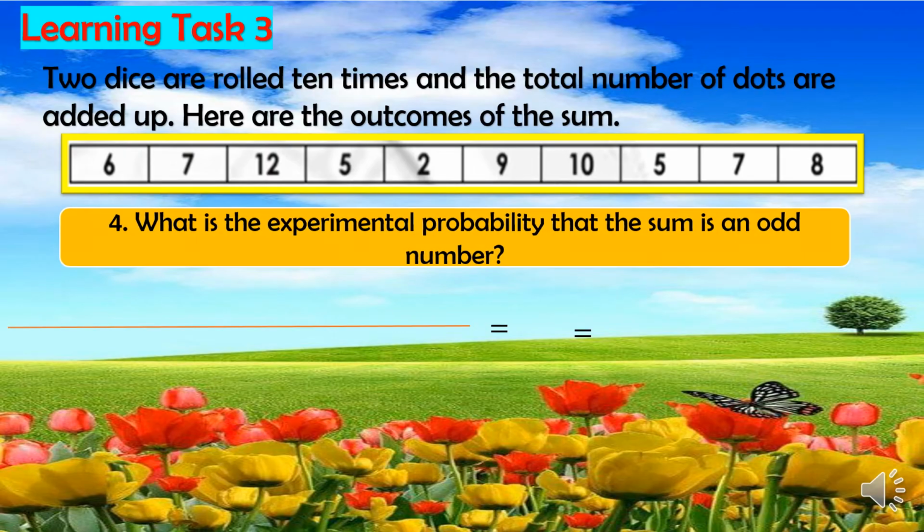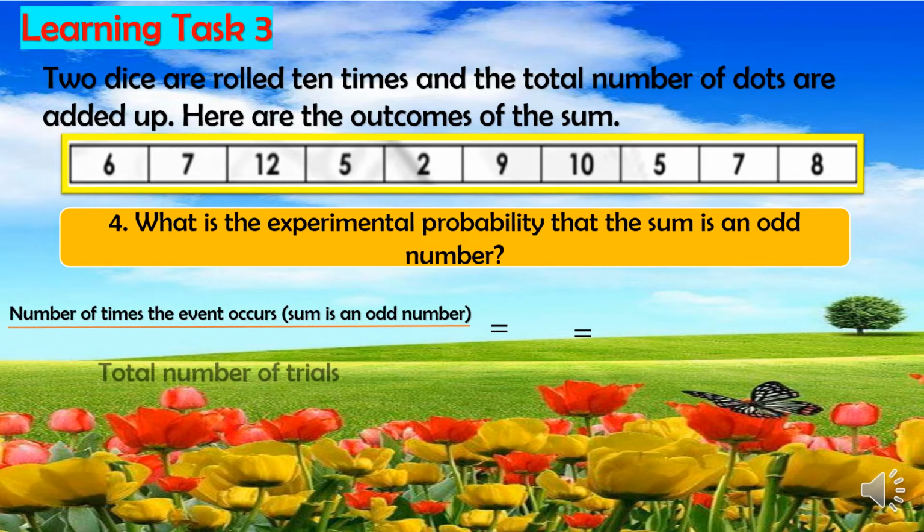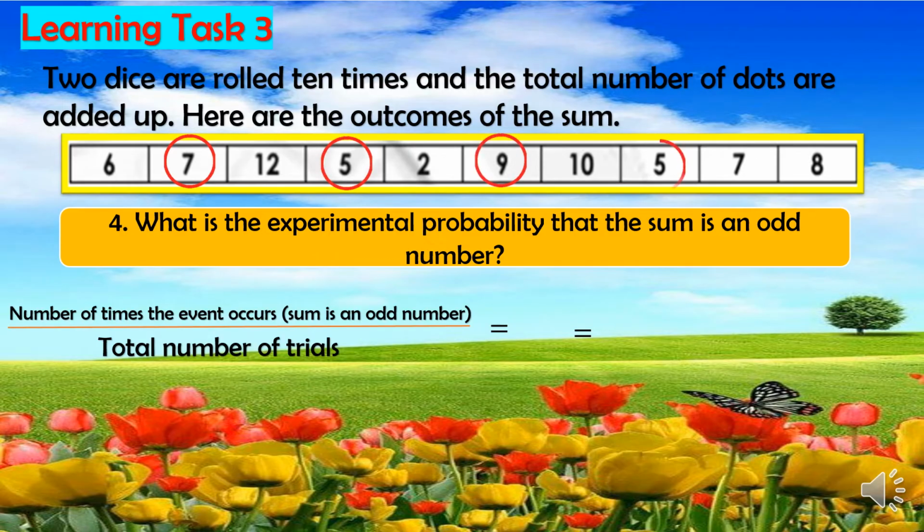Let's move on to question number 4. What is the experimental probability that the sum is an odd number? Okay, odd number naman. So number of times the event occurs, sum is an odd number, over total number of trials. So what are the odd numbers? So we have 7, 5, 9, 5, and then 7.